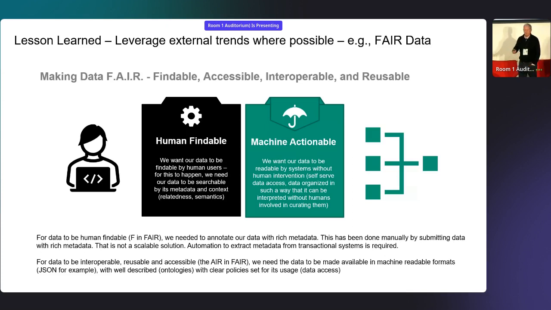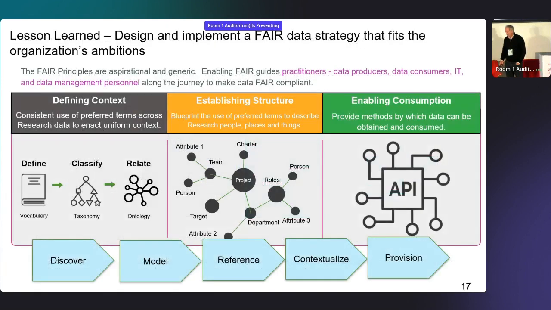For example, at the point of data creation, like coming off of an instrument, how do I make that data FAIR so that a human downstream doesn't have to data wrangle all the metadata and the experimental data, et cetera? So machine readable, machine actionable was a really important construct to get the IT organization to embrace FAIR.